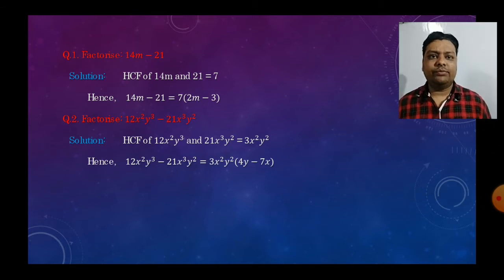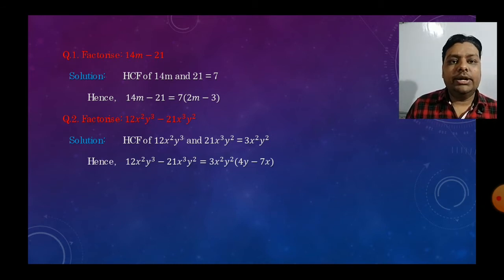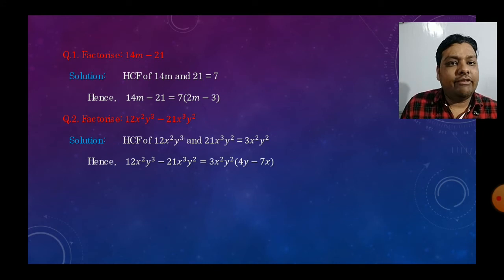So we write 4y. Minus: 3 times 7 is 21, so 7 is left. x square is taken out but here it is x cube, so x is left, and y square is totally taken out. So we write 3x square y square, and in the bracket 4y minus 7x.